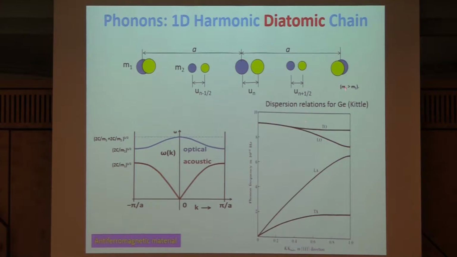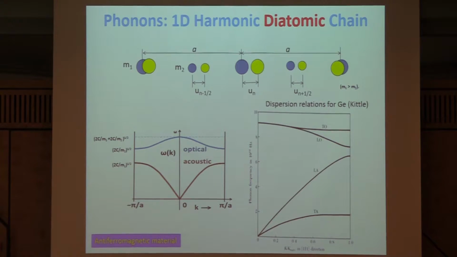So, this is just my cartoon of a 1D diatomic chain, undergraduate course here. This is harmonic forces holding atoms together. You cause a displacement, you work out what the resulting mechanical motion is, and you get these dispersion relationships in a periodic structure.